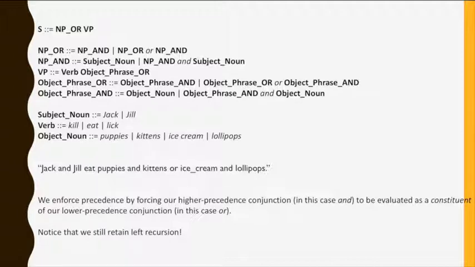So yeah, Leo, what you told me was NP or is left recursive and NP and is left recursive. And NP and is a constituent of NP or. So now I know that NP or could never come out of NP and once we're inside NP and. Therefore, NP or could never be lower than NP and in the parse tree. Right. And NP and would always have to be lower than NP or in the parse tree.